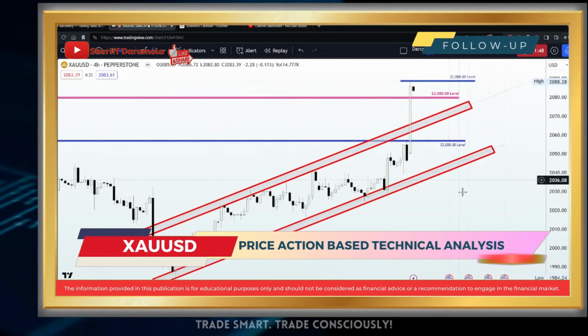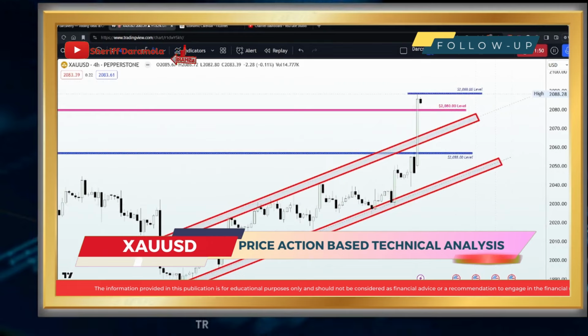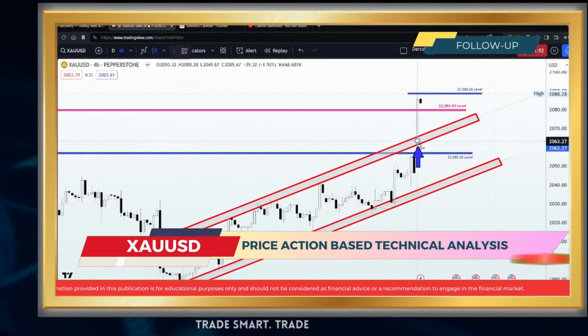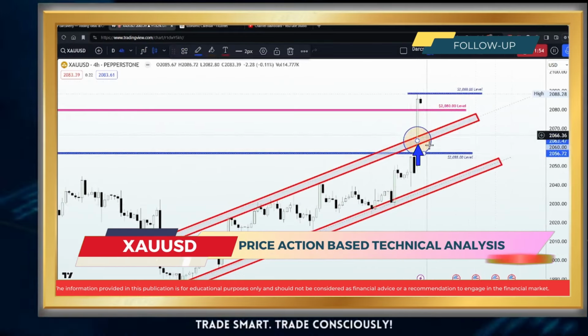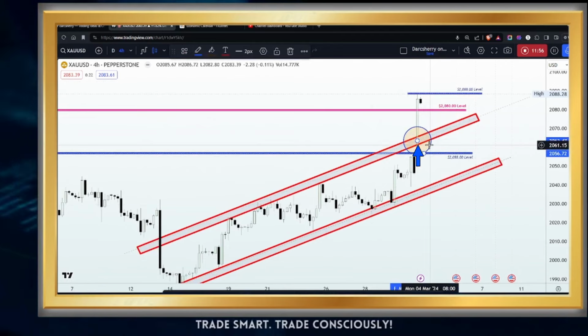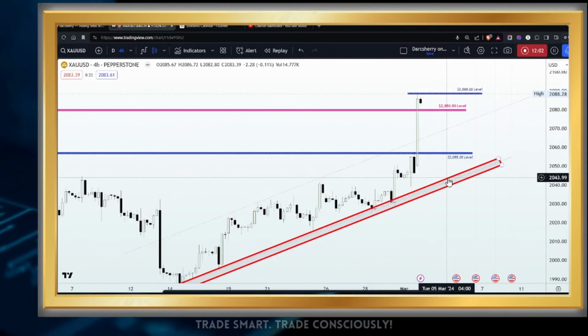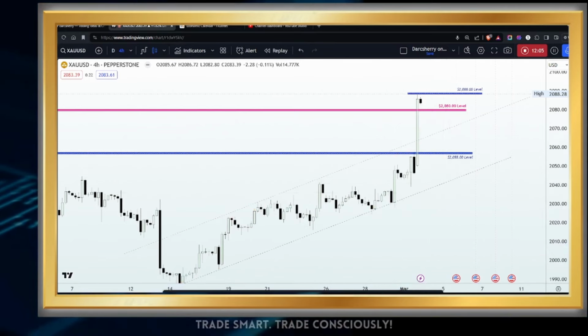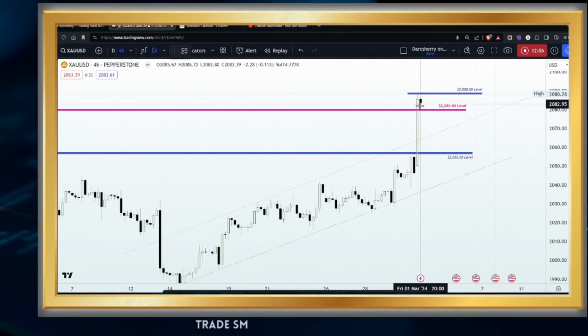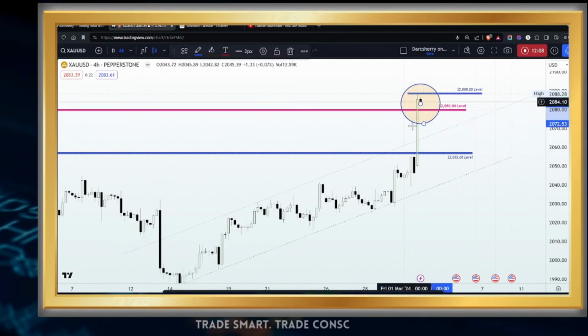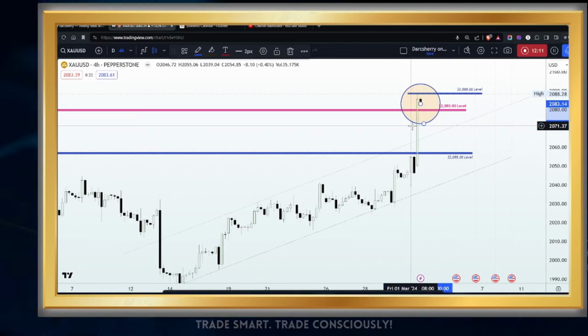Now, if you look at this closely, right on Friday, we saw our price broke out of the resistance line of that ascending channel to further emphasize the strength of the buyers. Now, technically, what we are going to be doing at the beginning of the week is to try and see how the market participants will react to the zone around the $2,088 and the $2,080 zone to decide what we will be doing next.